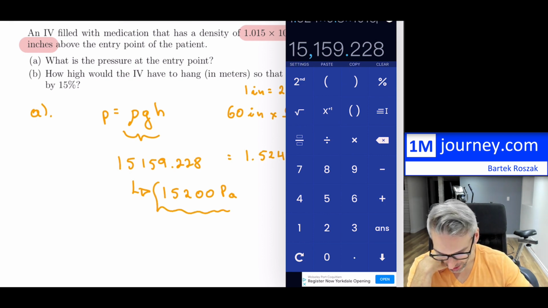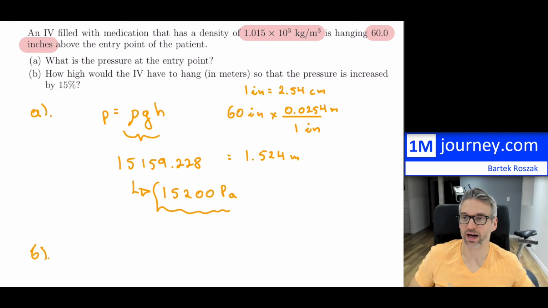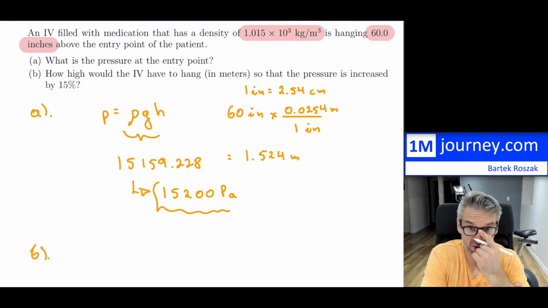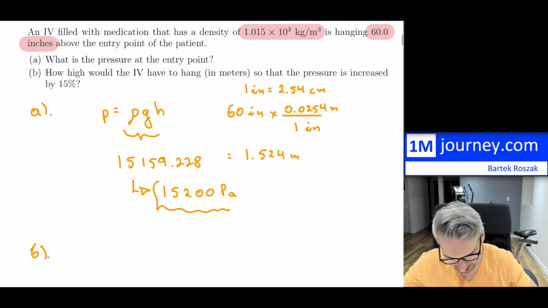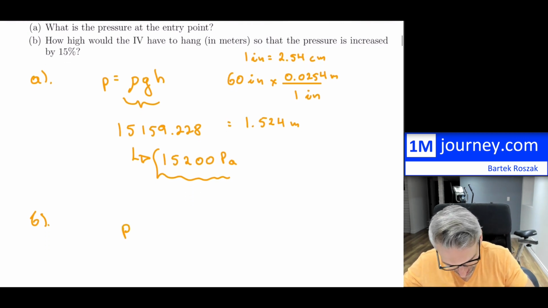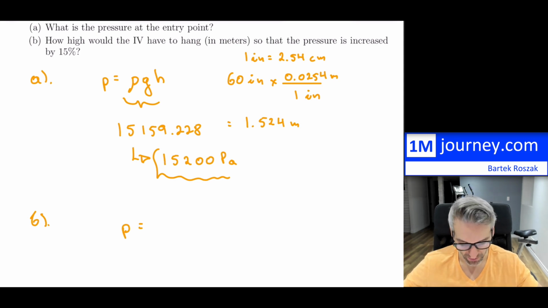So that's part A. In part B, we have: how high would the IV have to hang, in meters, so that the pressure is increased by 15%? This is a really nice question, and it makes you think. You can do this very easily. We want the pressure to be 15% more.